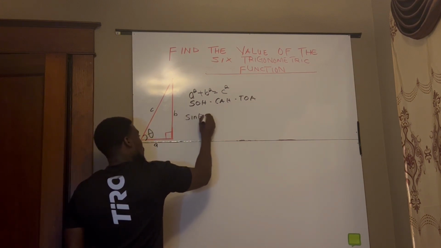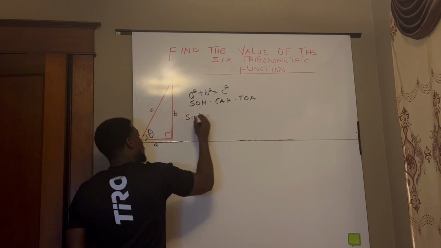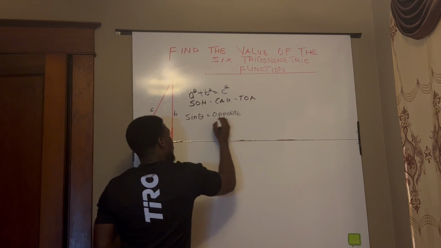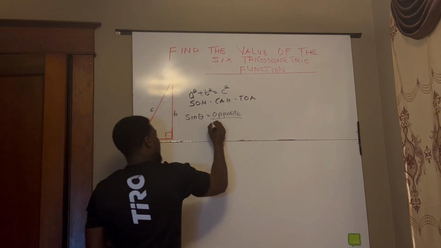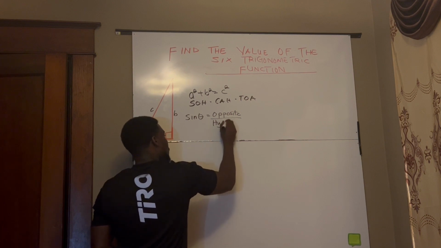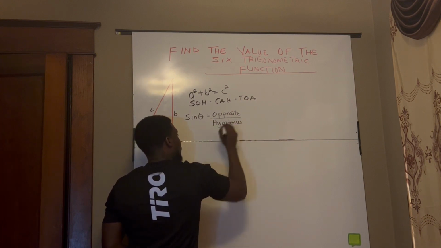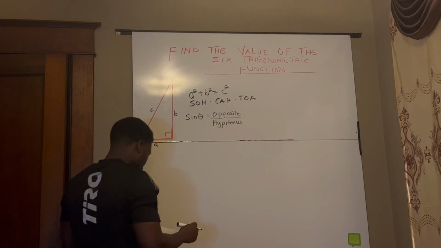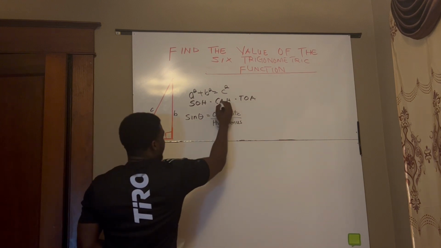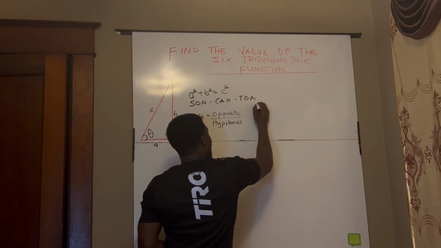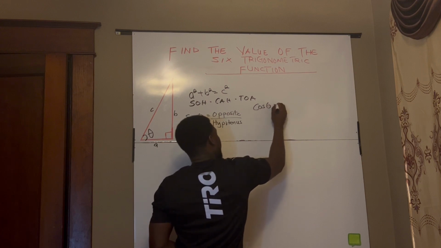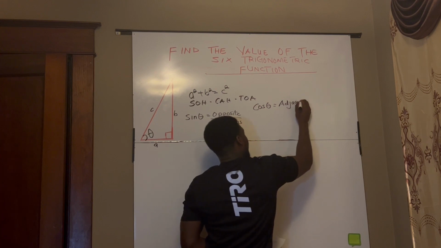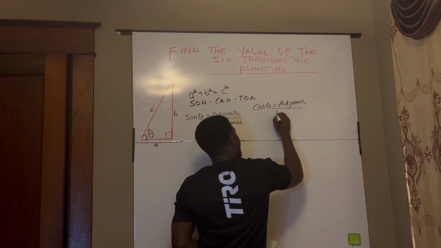Sine theta is equal to opposite, which is B, over hypotenuse, which is C. And the cosine theta is equal to A, which is adjacent, over hypotenuse.